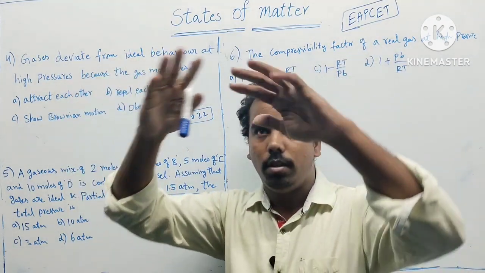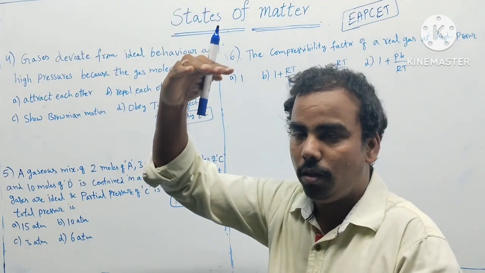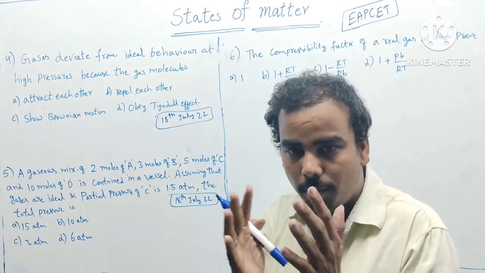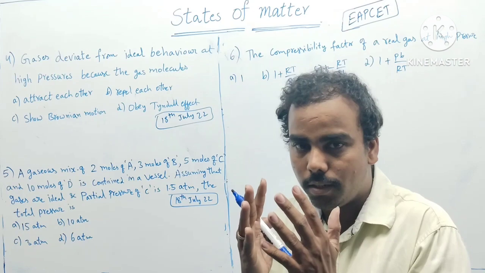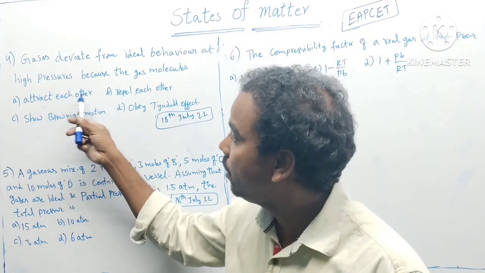Gases are present in the atmosphere. When you apply high pressure, the gases come close to each other, and when they come close, the attractions between gas molecules increase. That means they can liquefy. So they attract each other.